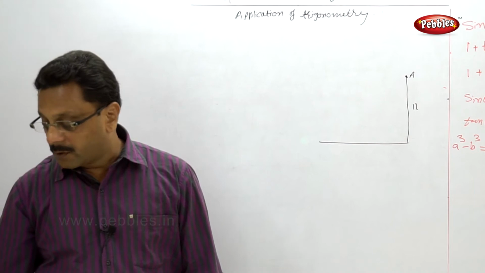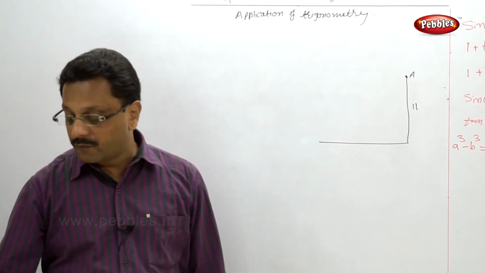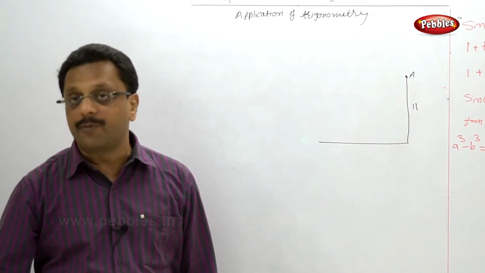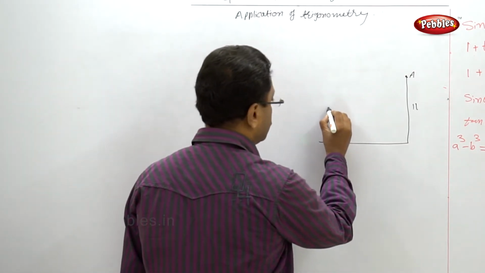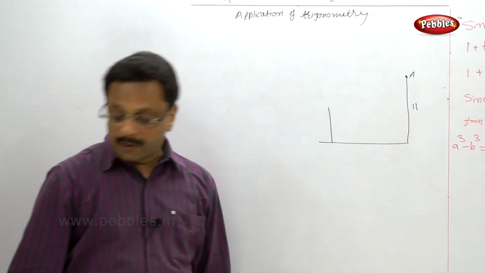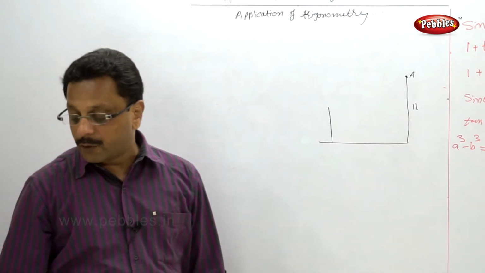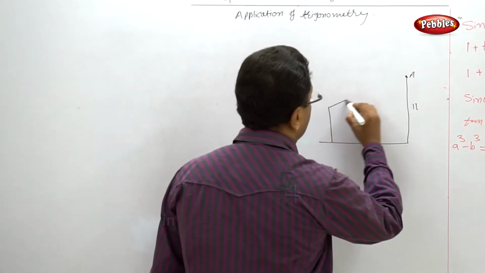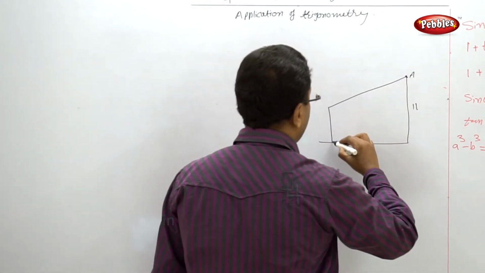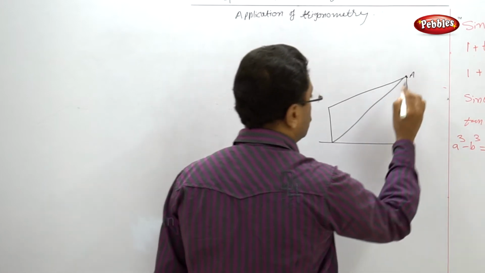It is observed that the angle of depression of the top and foot of the lamp post, that means there is one lamp post, is 30 and 60. That means top of the lamp post and foot of the lamp post.